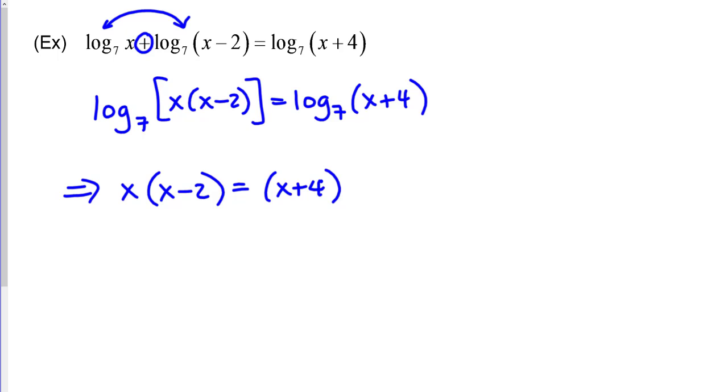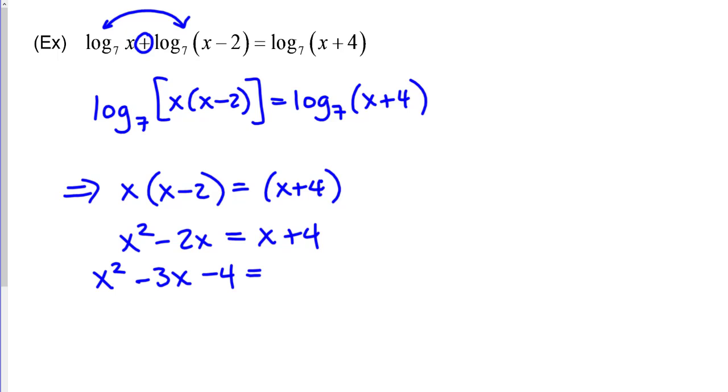All right, so then this becomes x squared minus 2x equals x plus 4. Since there's a square in the problem, I need to bring everything to one side, get it set equal to 0, prepare to factor, and so forth. So x squared, if I subtract x over, it's going to be minus 3x when I combine.